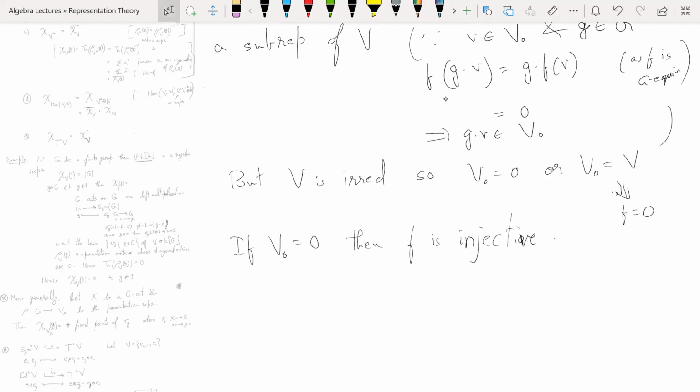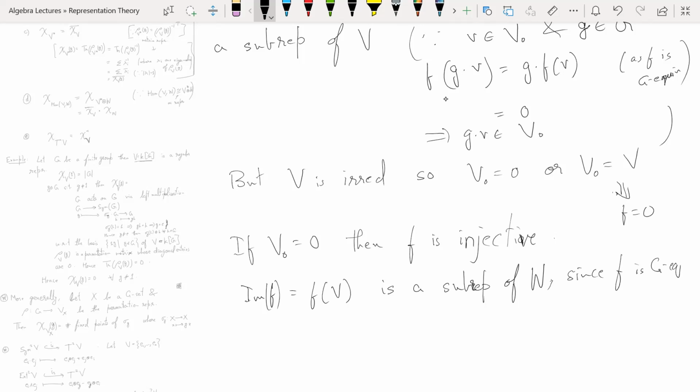What is the image of V? The image of f, which is f of V, is a sub-representation of W. Since f is G equivariant, you use the same thing.